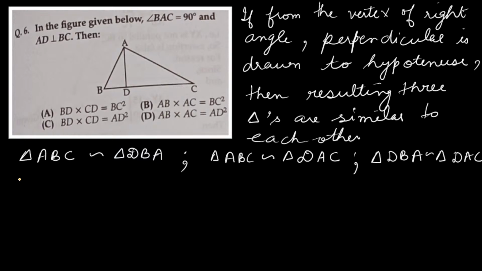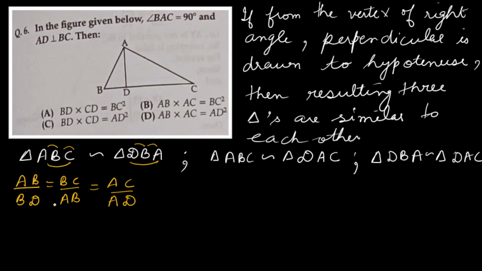If I use the first one, I'll write AB by BD equals BC by AB, and this equals AC by AD. Here if we use it, we'll get AB square because AB and AB are there. So let us not use this one. Let's see the second one.